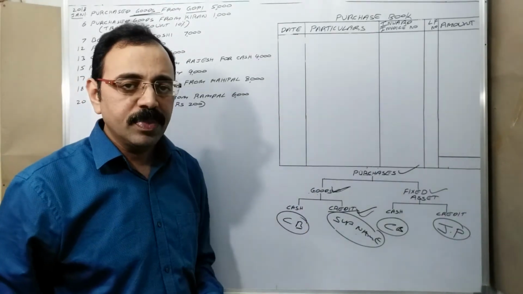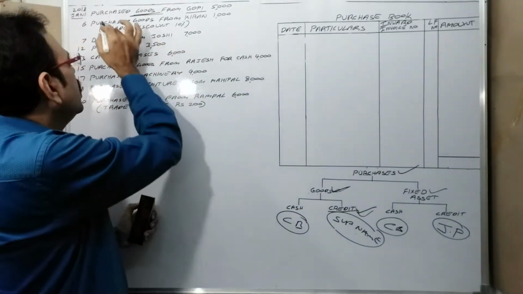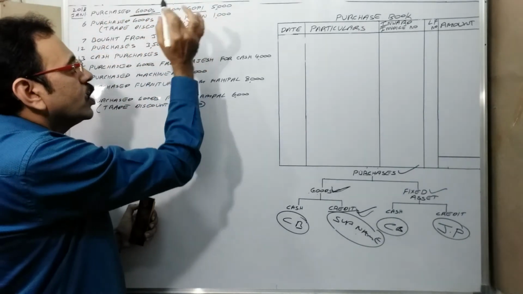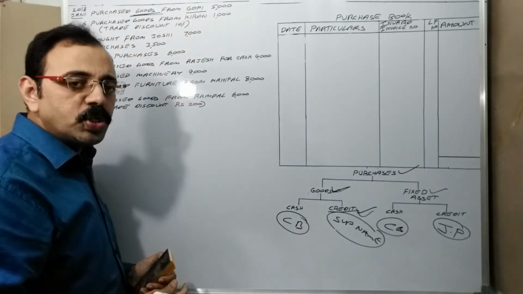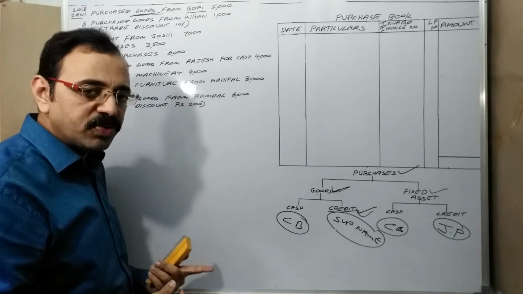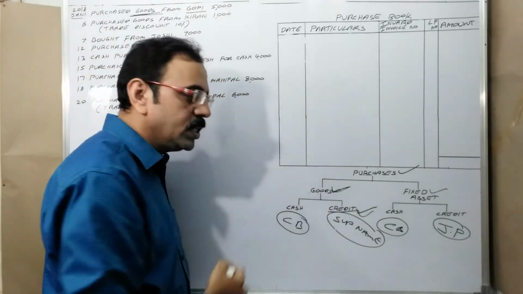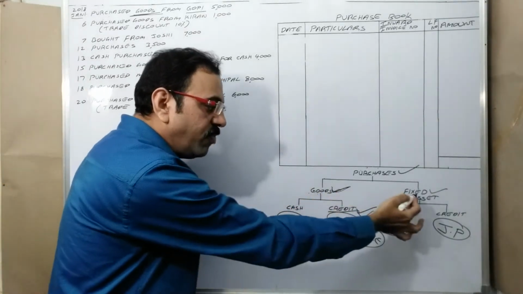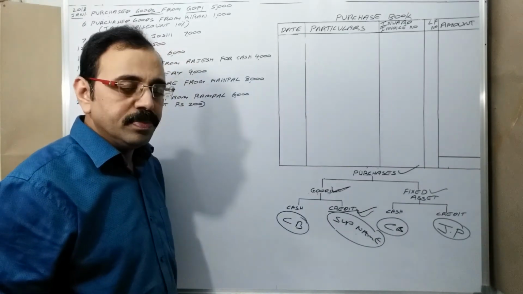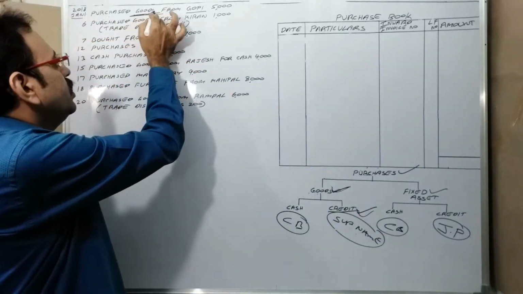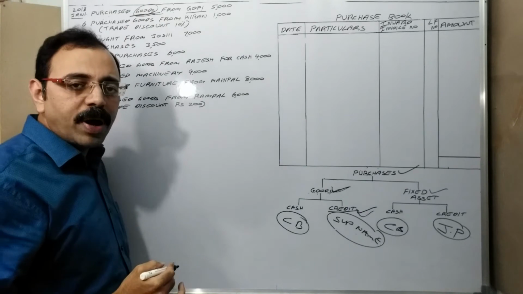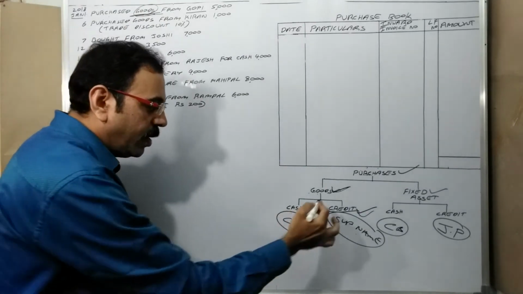Let us see. First transaction is what? Purchased goods from Gopi. We should observe 2 points here. First one is what we have purchased, goods or fixed asset. It is clearly giving that goods are purchased. Okay.